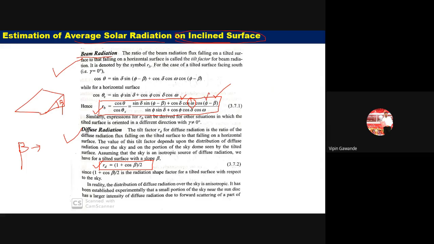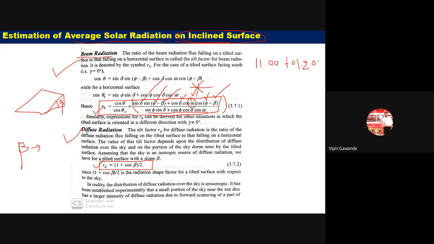The last ones are phi, the latitude, and beta, both given, and everything else is given here. We have calculated delta, phi is given, and beta is given in the problem. For calculation of the hour angle, which is very important to remember, the time is given as 11 to 12.